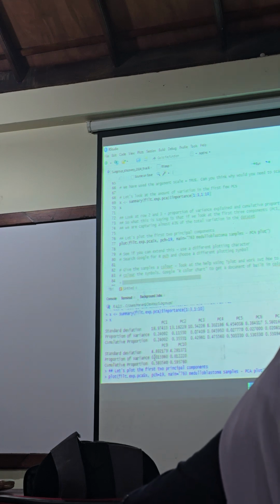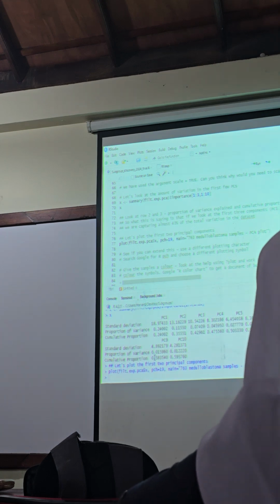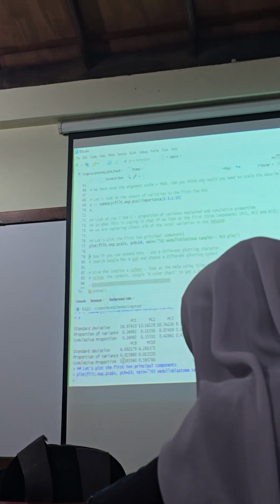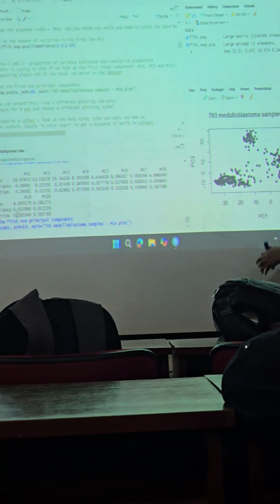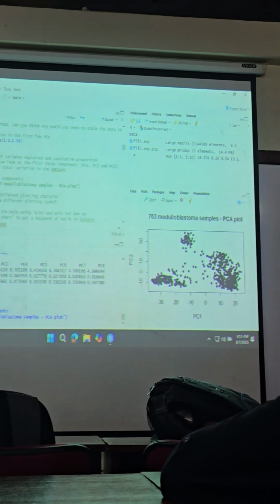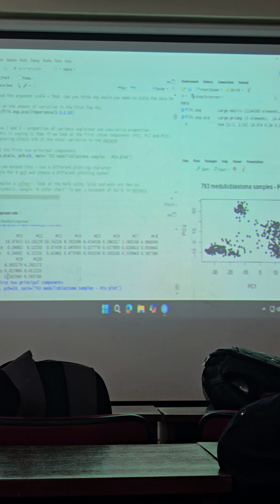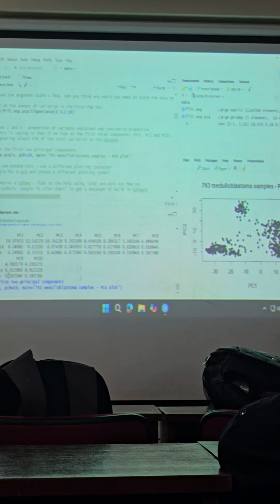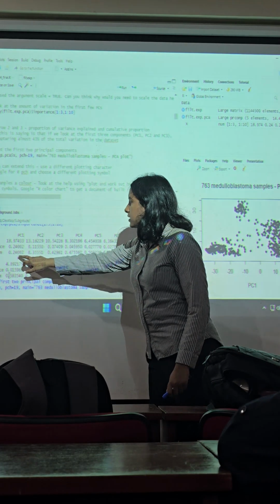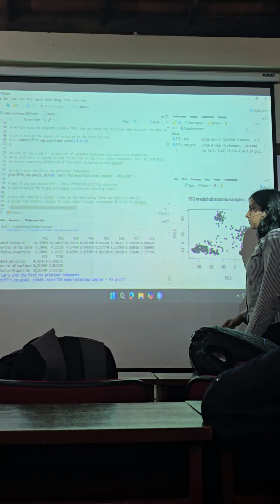You need to be able to extract information from both of these. Now from the table, what you need is this cumulative proportion, right? That describes how much of the variance is described by each principal component, and the cumulative represents the addition of the variation.